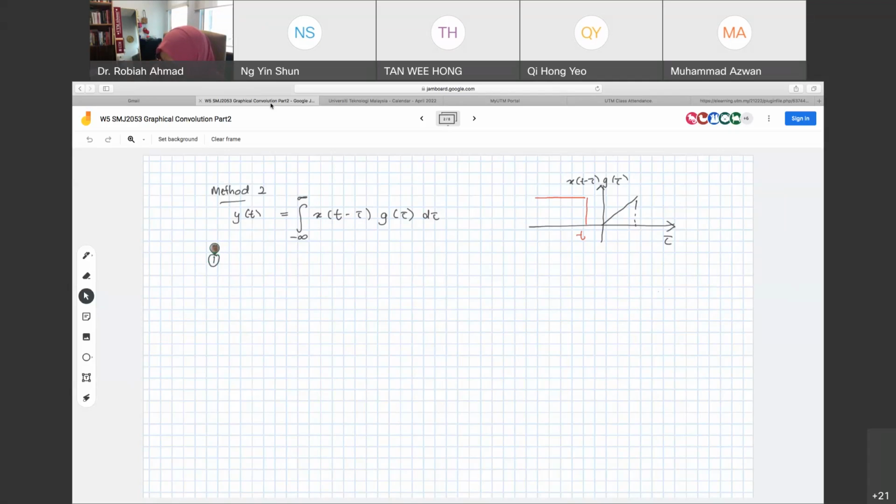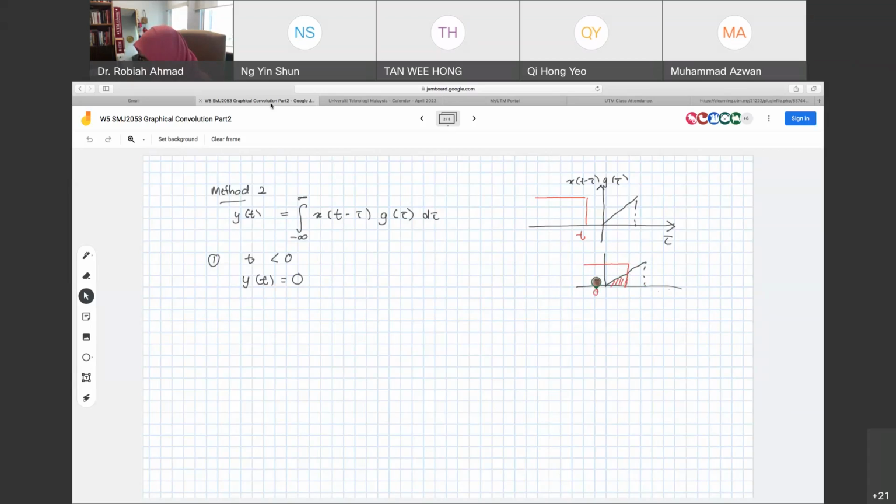When t is less than 0, of course our y(t) has no overlapping, so it will be 0. And then let us look at how it looks when the red one is moving towards the first signal. So I draw here. So this is the overlapping area.